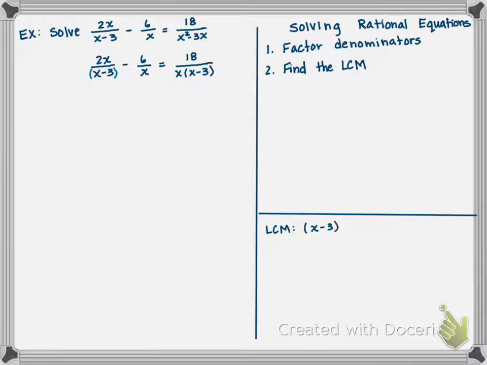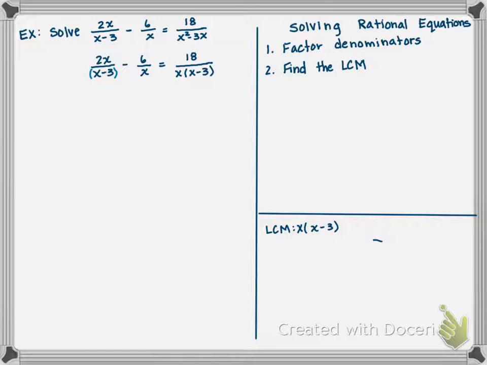And then if I look at my second denominator, does that bring any more factors into my LCM? Yep. So I need a factor of x, right? Because x isn't a factor of x minus 3, right? X minus 3 can't be written as x times something else.